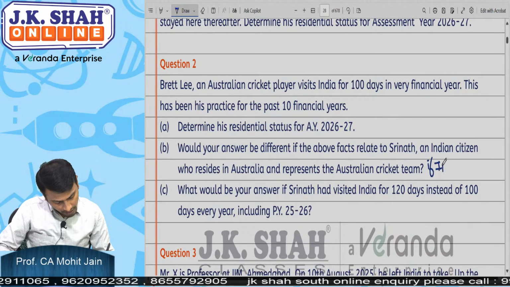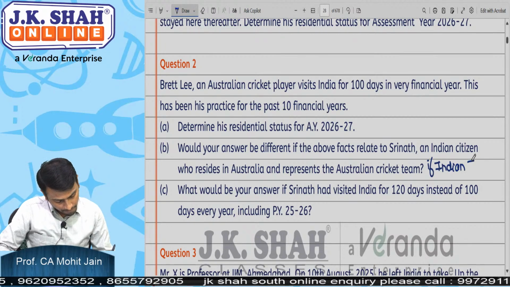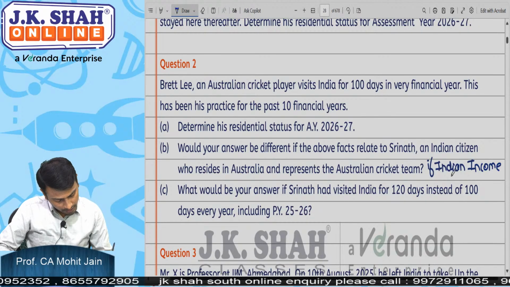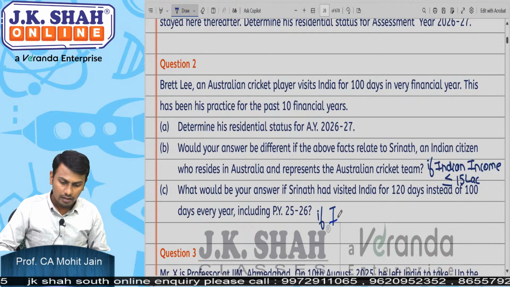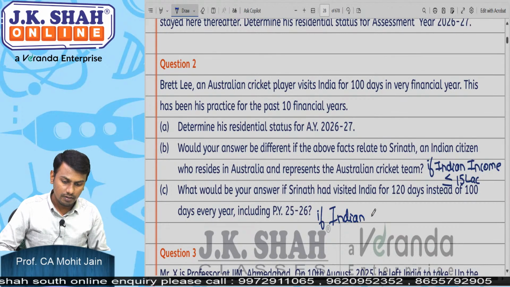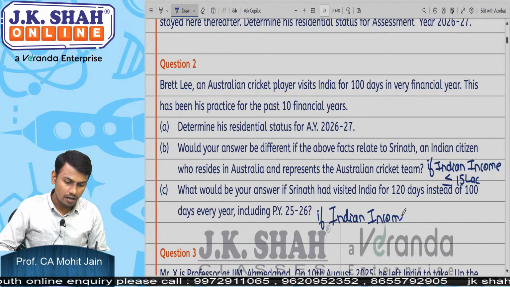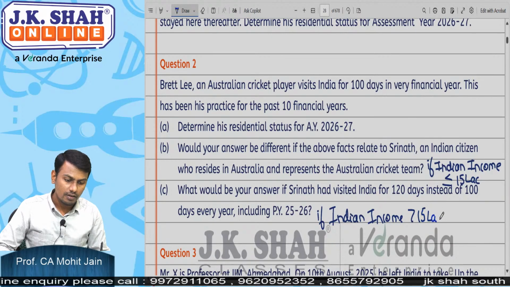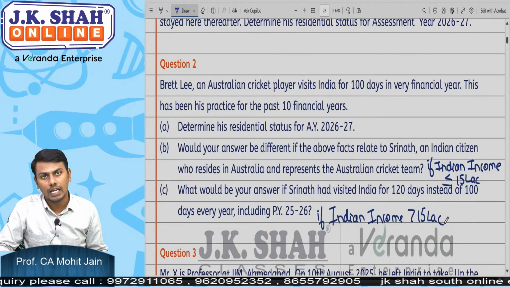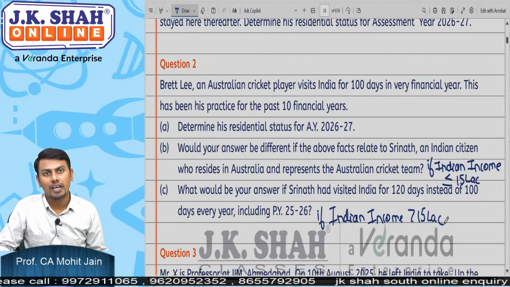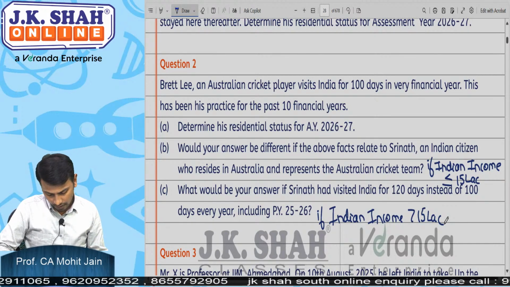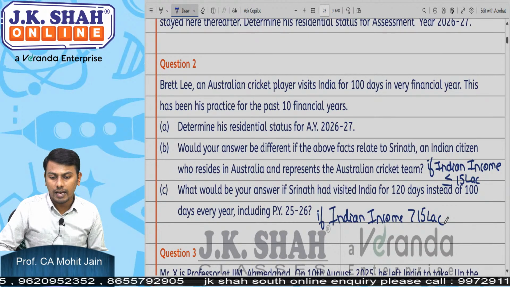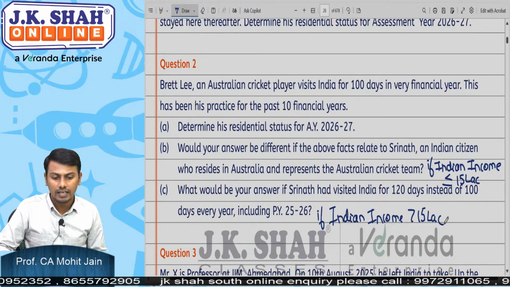In sub question 2, add if Indian income is less than equal to 15 lakhs, then in sub question 3 add if Indian income is more than 15 lakhs. Let me read out the question for you, then I'll give you time to solve. Brett Lee, an Australian cricket player, visits India for 100 days in every financial year.